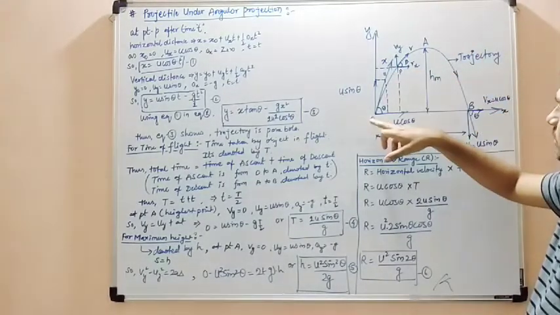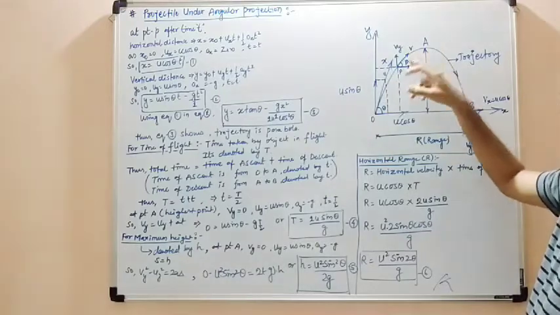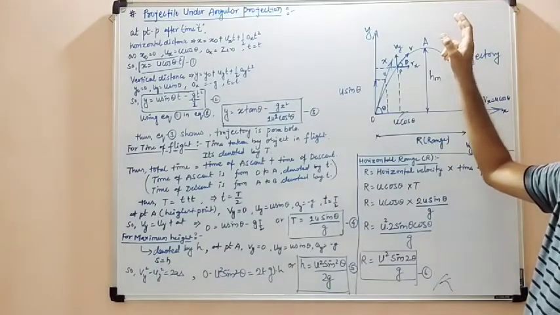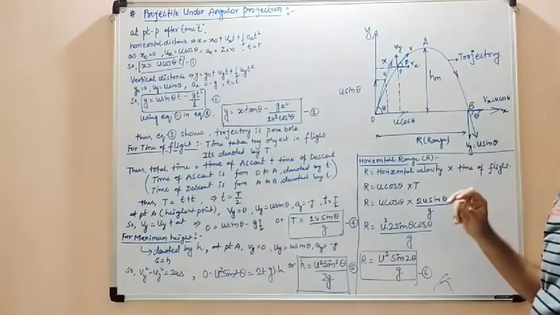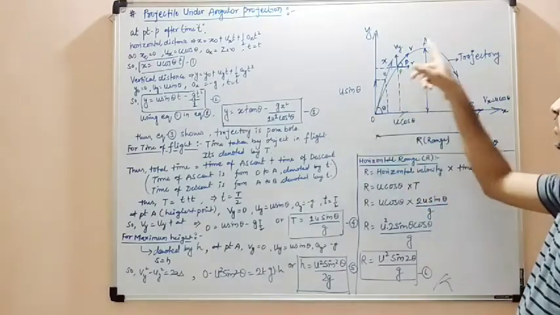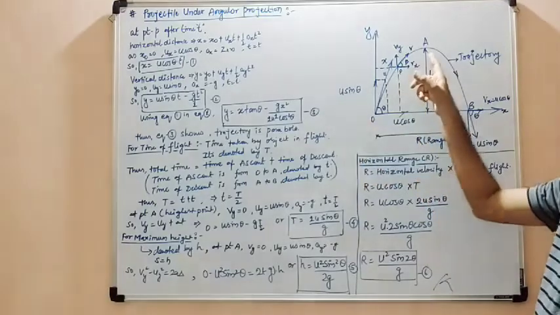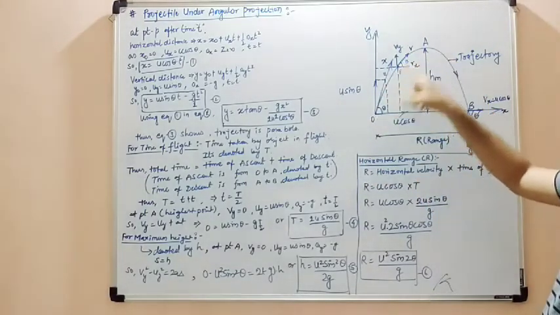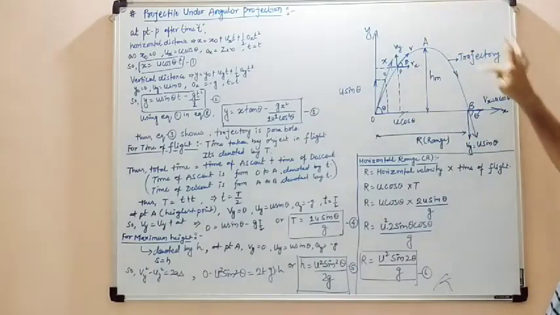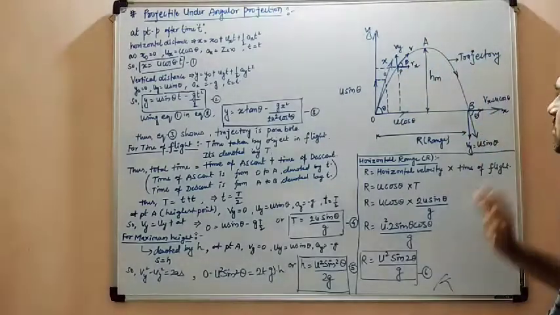The particle moving from O to A is the time of ascent, and from A to B is the time of descent. Since the path is symmetric, the time of ascent equals the time of descent. Each will be half of the total time t; both times will be the same.